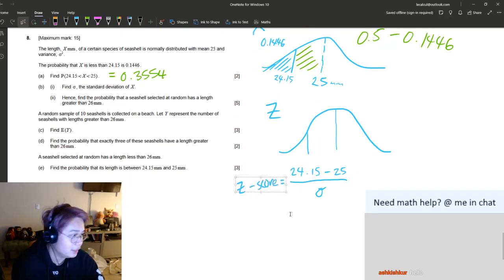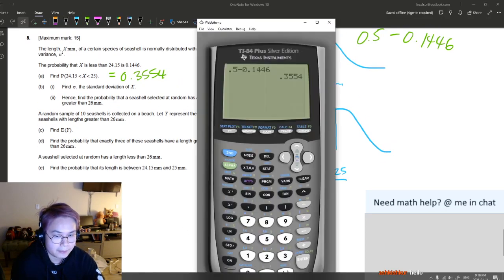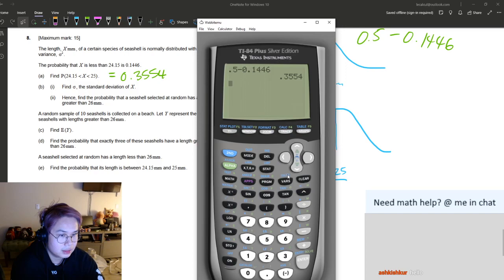There's a second way to find the z-score that's only possible with a graphic display calculator. If we know the probability, then we can use inverse normal. So in your calculator, we go back to distributions, we go to the inverse normal.